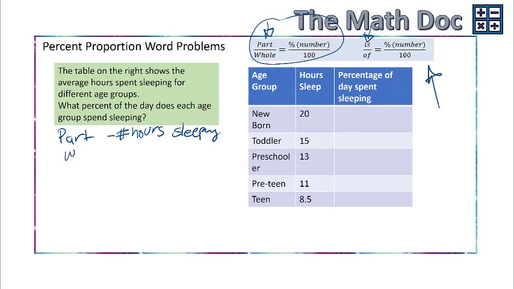And the whole here is the number of hours in a day, which is just 24 hours, right? So it's quite simple. If we look at the newborn, we have to take the ratio of part to whole, so that would be 20 divided by 24, that is our ratio, equals the percentage in number divided by 100.